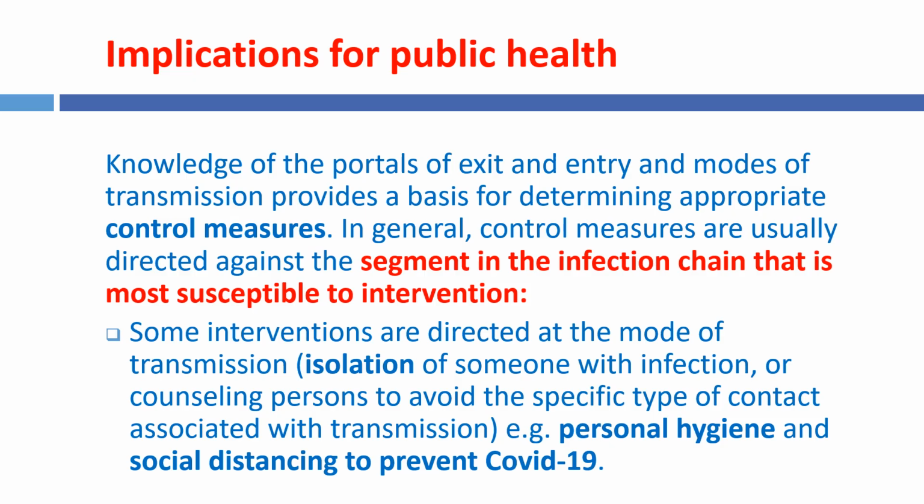For example, some interventions are directed at the mode of transmission by isolation of someone with infection, keeping him away from other people. This way we can stop transmission, or counseling persons to avoid the specific type of contact associated with transmission, as what happens in the case of COVID-19 by advising personal hygiene and social distancing.